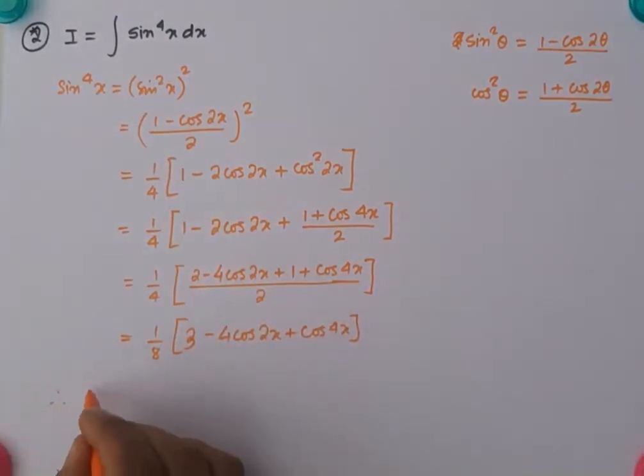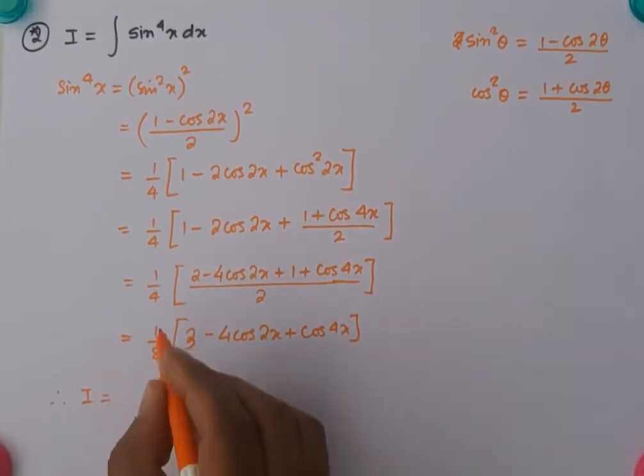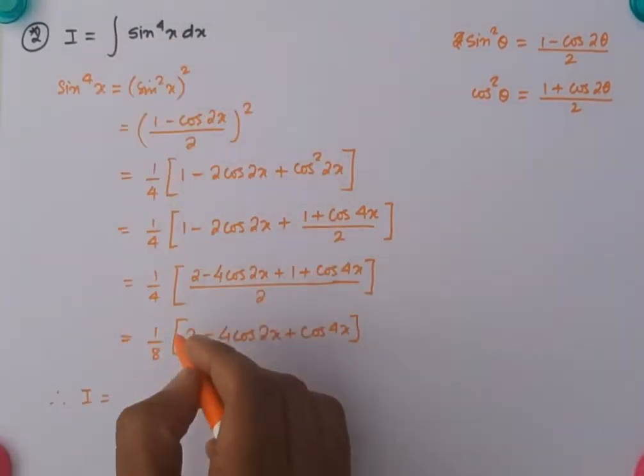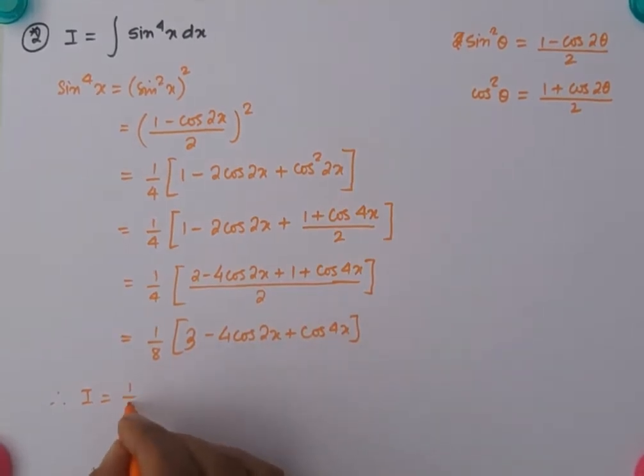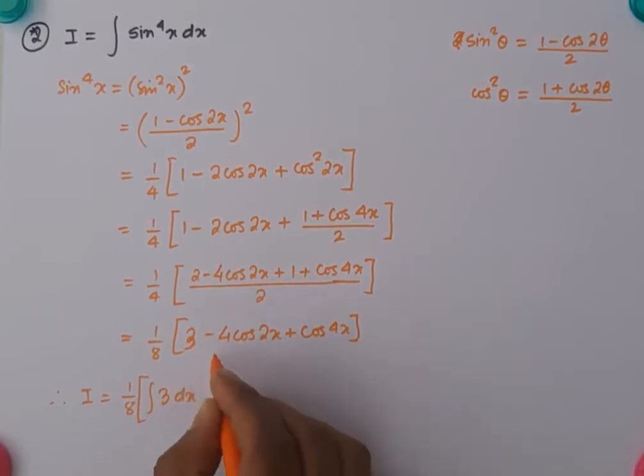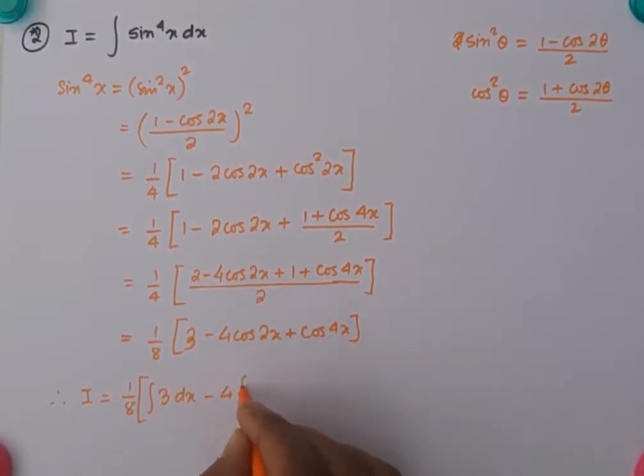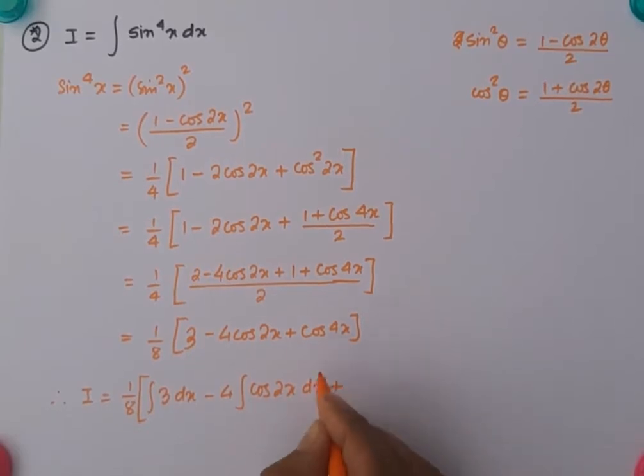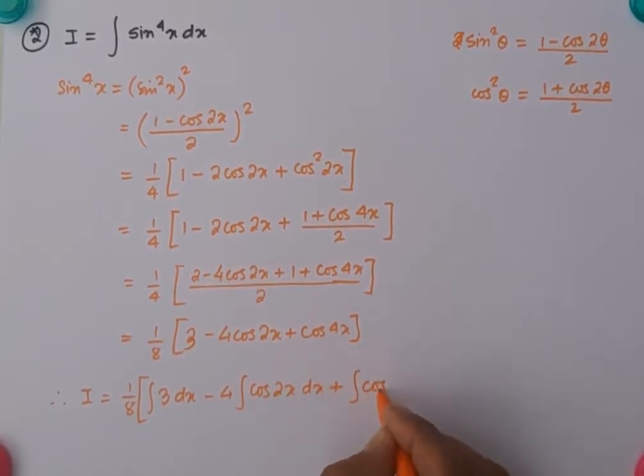Now integral I changes to, see here carefully, instead of this sin to the power 4 x, I am writing this entire thing. 1 by 8 can be kept outside, so this can be written as integral of 3 dx minus 4 integral of cos 2x dx plus integral of cos 4x dx.